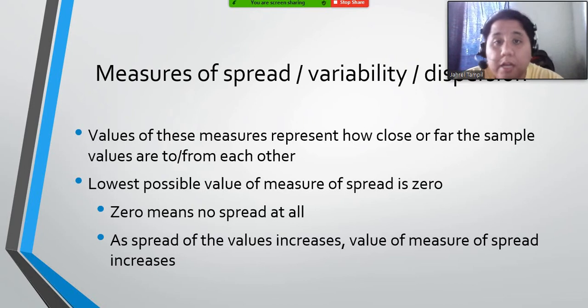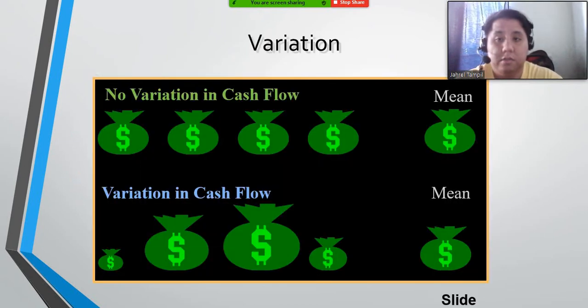Let's take a look at what variation means. Variation does not specifically mean just the distance, because it says these represent how close or far apart the sample values are. It does not literally mean distance. For example, in this illustration, we have two different cash flows. If there is no variation in the cash flow, we will just have the same values that you have there, as you can see.